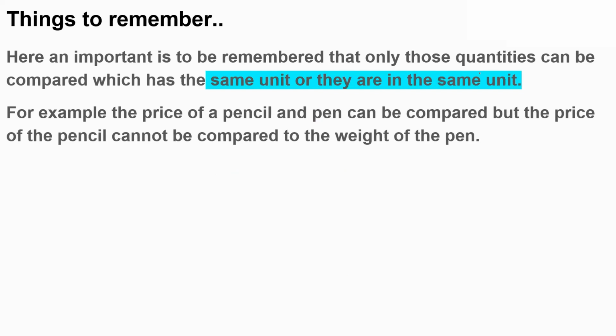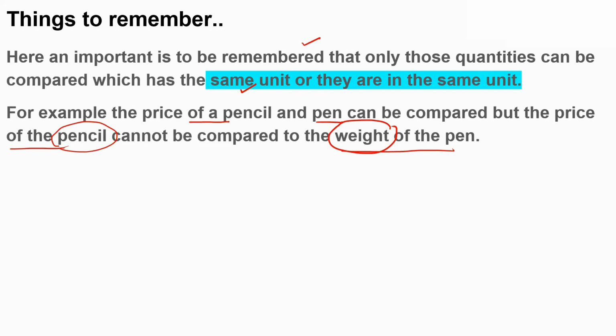So what is the main important thing to be remembered in this? The quantities which I'm taking should have the same unit. Just like the price of a pencil can be compared with the price of a pen. But the price of a pencil cannot be compared with the weight of a pen, because weight will be in grams, kilograms and so on, and price will be in rupees, pesos, dollars, euros.